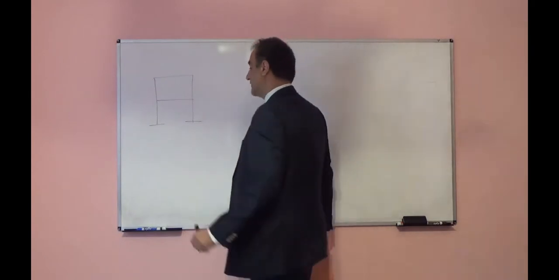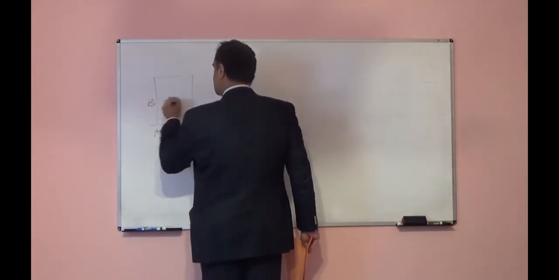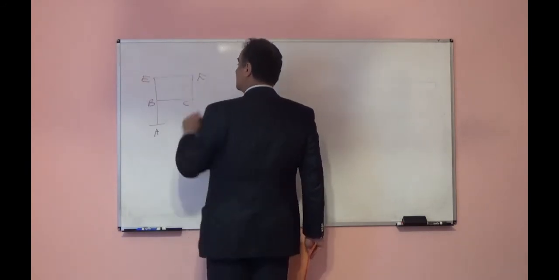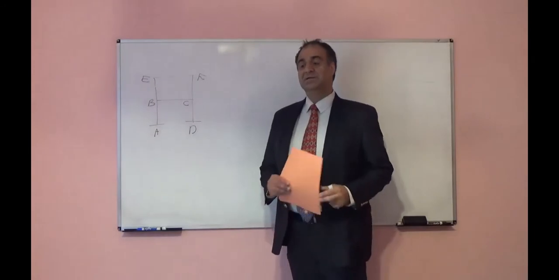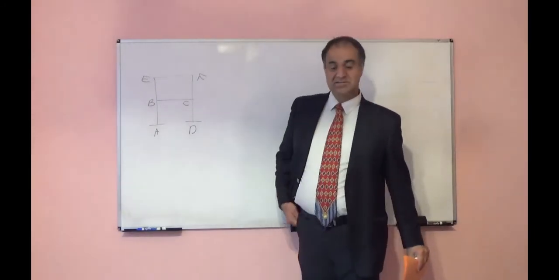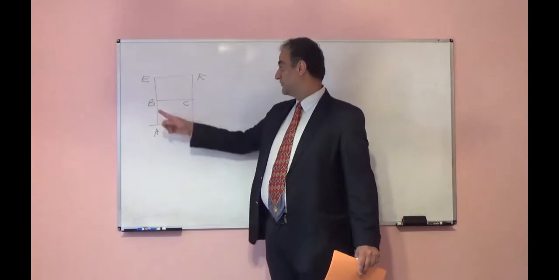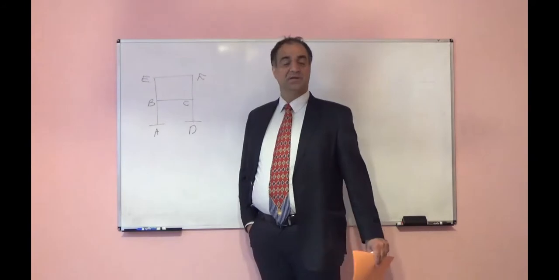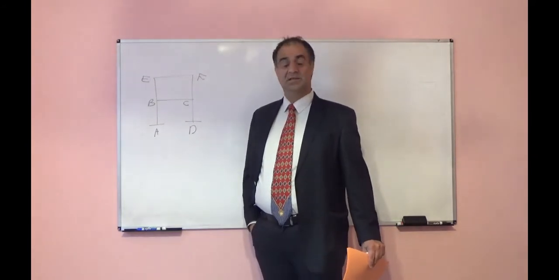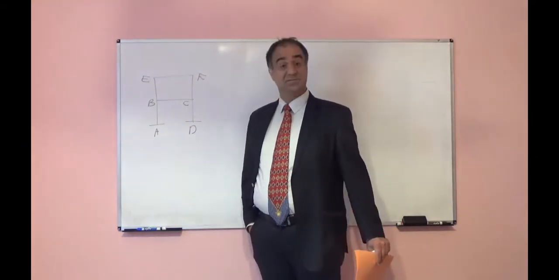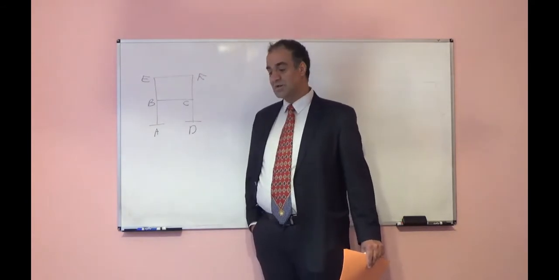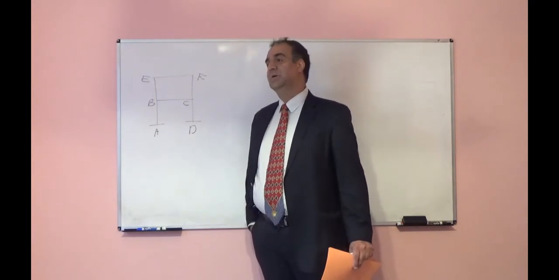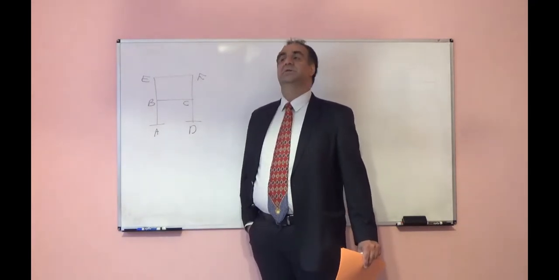We can look at A, B, C, D, E, F. We can look at different members and write a slope deflection equation for each. I will explain how we end up with that equation, which is very easy. But first we should look at the independent degrees of freedom to see how this structure will deform.